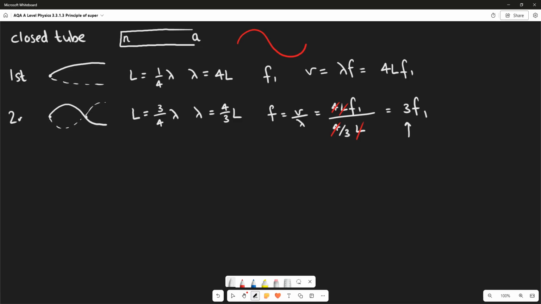So this is not the second, this is actually the third harmonic, and this is one of the reasons why we're doing this bit over here, just to check. If we were to change the oscillation frequency to 2 times the first harmonic to try to get the second, it would not produce a standing wave. So this doesn't work in this situation. That's why it's so important to check that we are getting the harmonic that we think that we are. So this is the third harmonic.